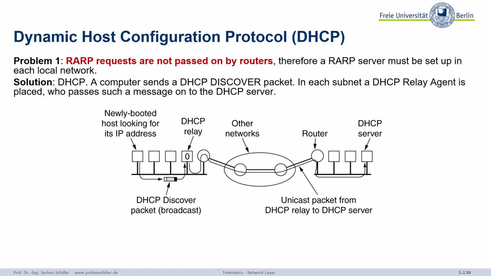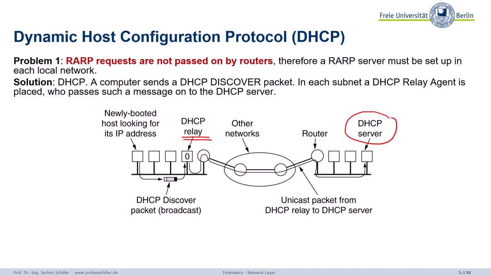And the DHCP Discover, I will come back to this, can be relayed into other networks. So we do not need DHCP servers in all the local area networks. We may have only one server and something called a relay.